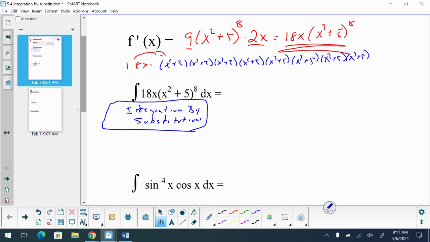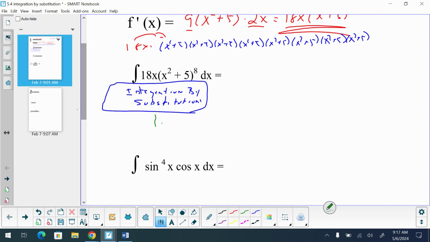Well, what we need to do is work with the idea of substitution. So we're going to let t equal something.